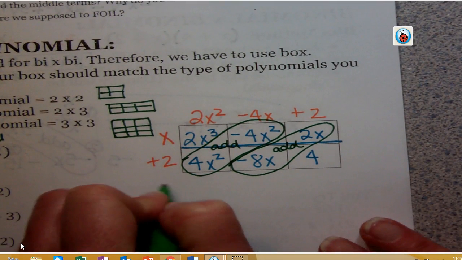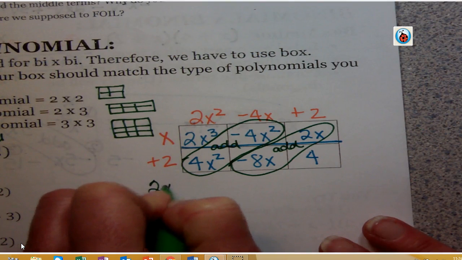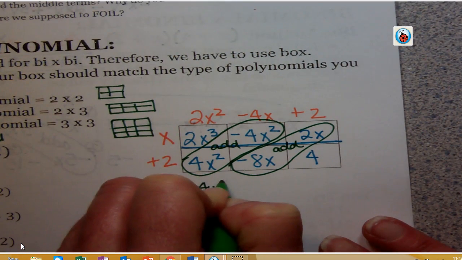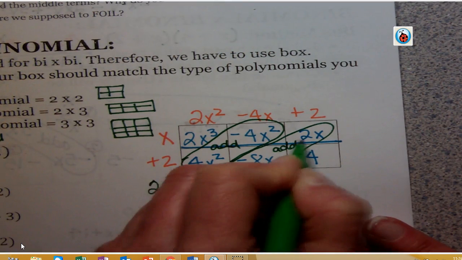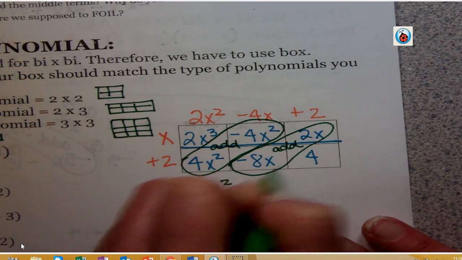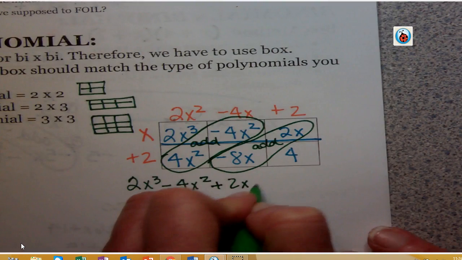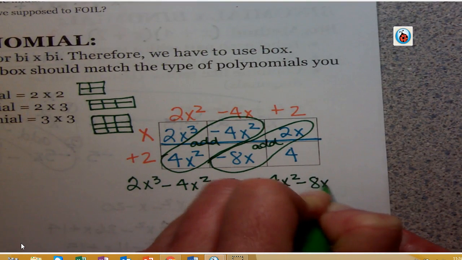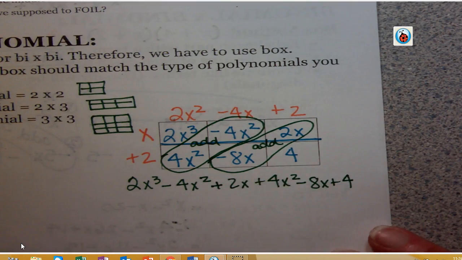If I didn't, I basically could do 2x cubed minus 4x squared plus 2x, that would be my top row, plus 4x squared minus 8x plus 4.